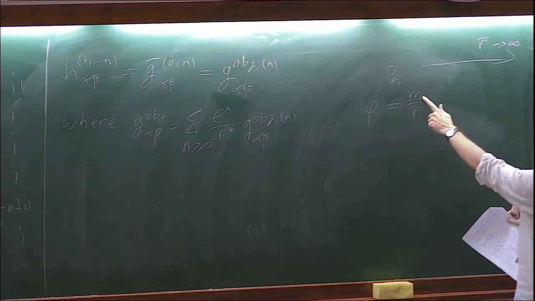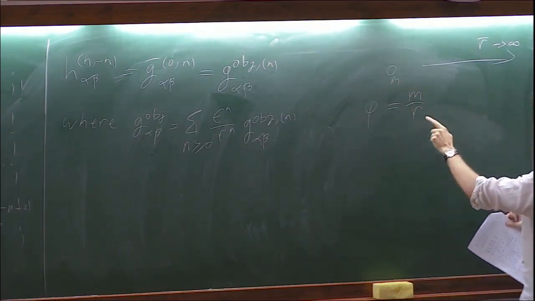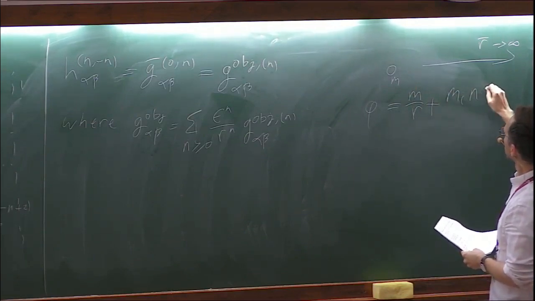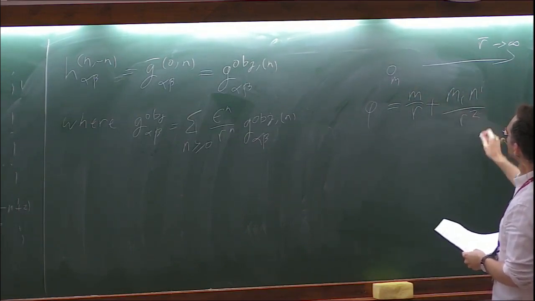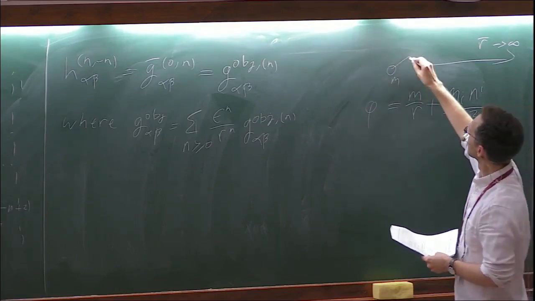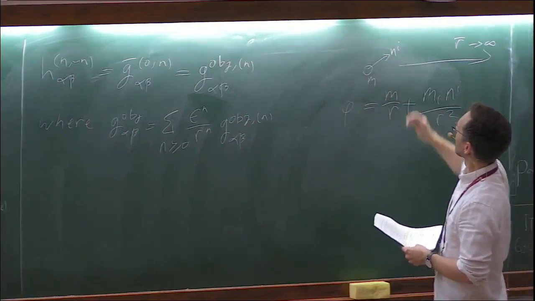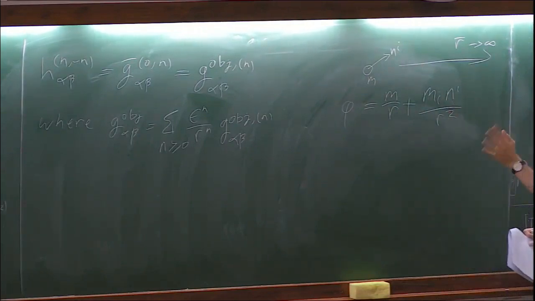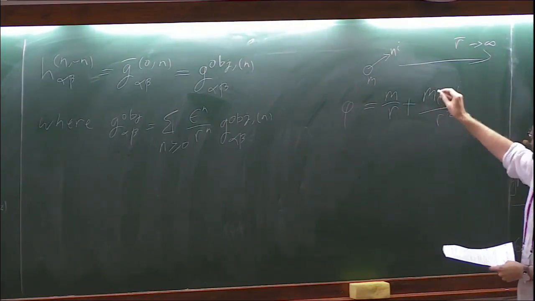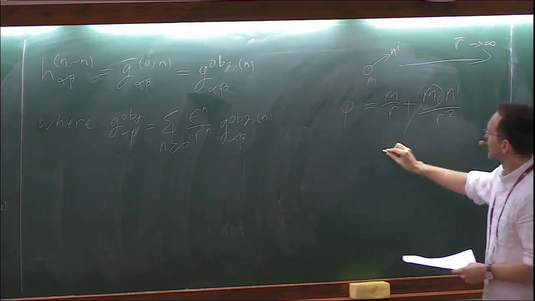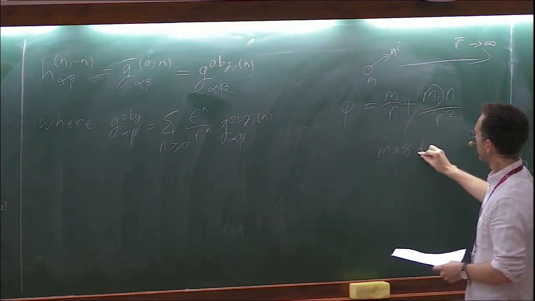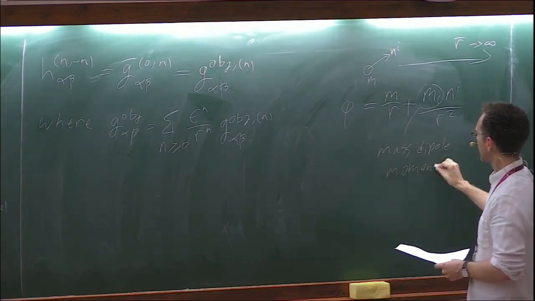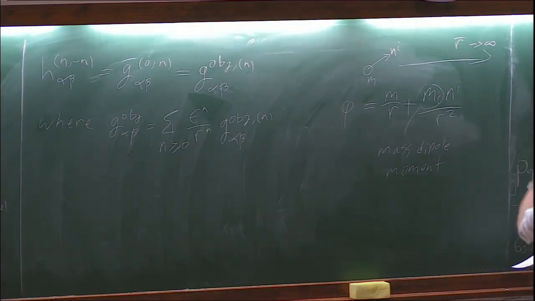You get the total mass of this matter distribution over R plus m_i n_i over R squared, where n_i is a unit vector pointing radially outward, and this is the mass dipole moment, or if you're looking at electrostatics, it would be the electric dipole moment.